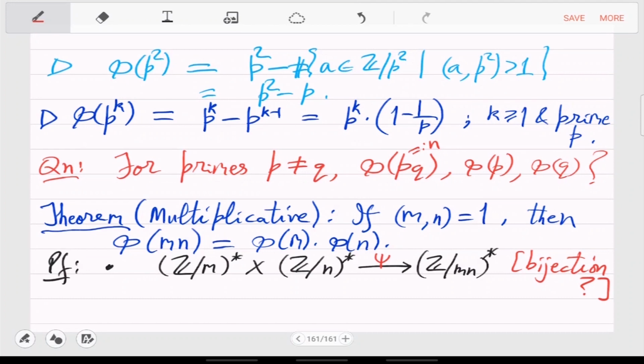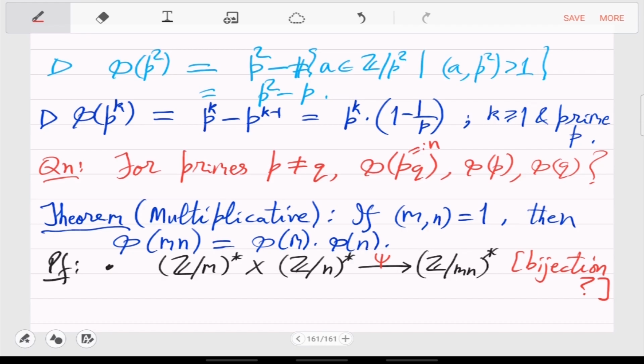If we can show a bijection, then it means the cardinalities are the same, and the cardinality of a Cartesian product is the product of the cardinalities. So we'll have the result, right? We'll show something far stronger than what the theorem is saying. We will actually show that these 3 sets are in bijection, using the Cartesian product. Is this clear?